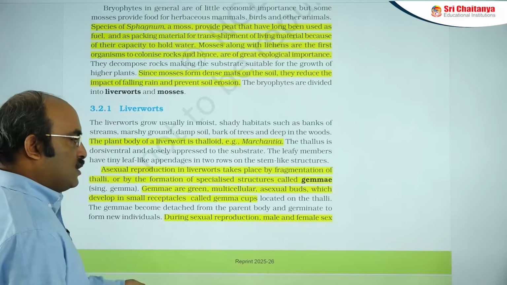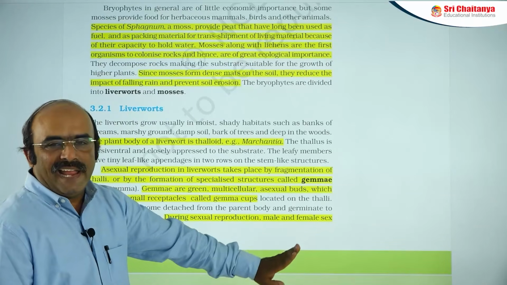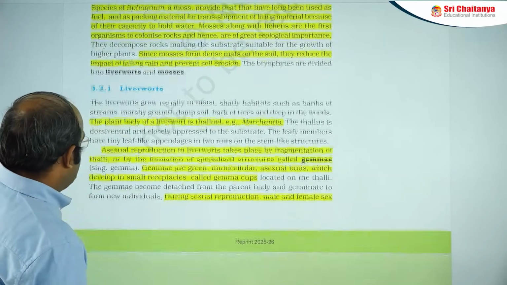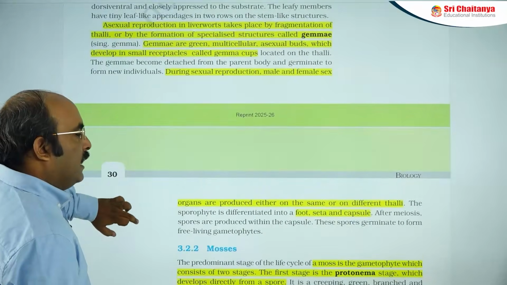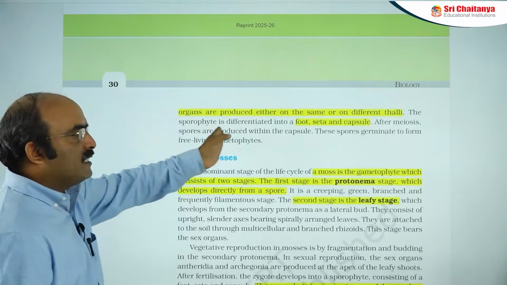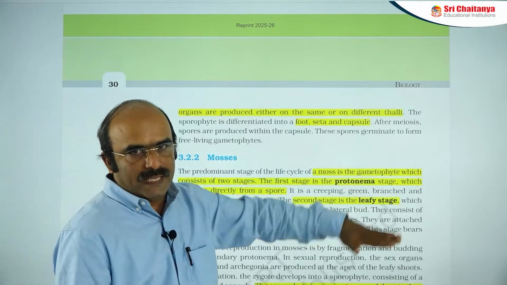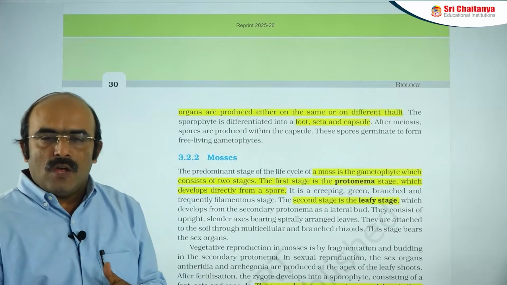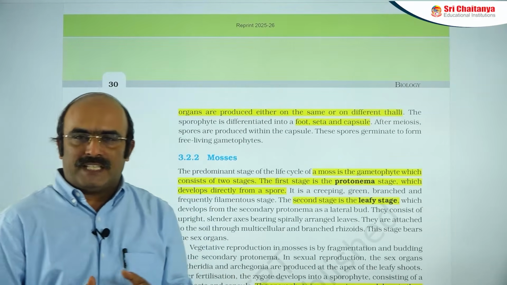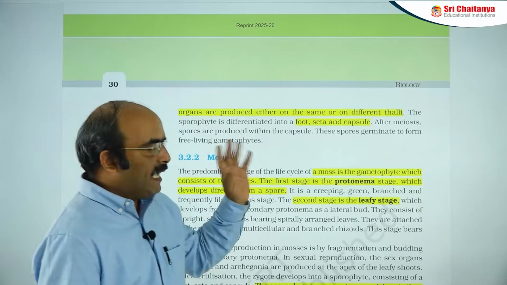During sexual reproduction, the male and female sex organs may be produced on the same thallus or on different thalli. If you take Marchantia, they are produced on different thalli.